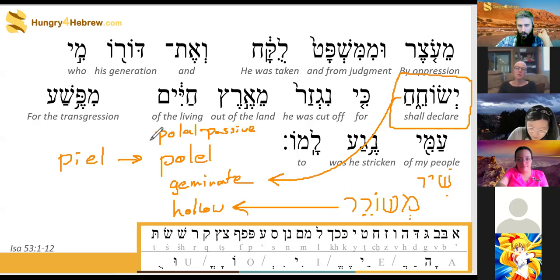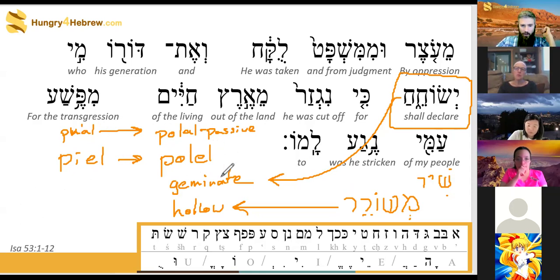But properly speaking, they are forms of PL and PUAL, respectively. They're just specialized forms. And yes, it does also occur in the hitpael.